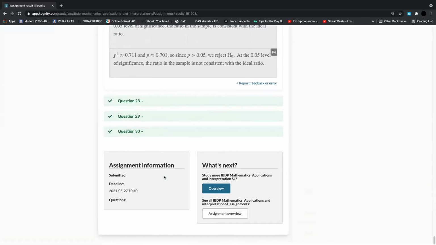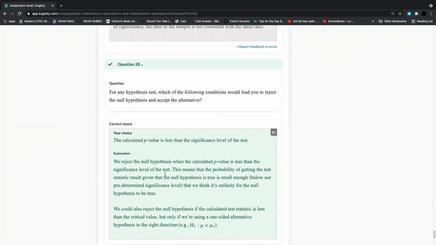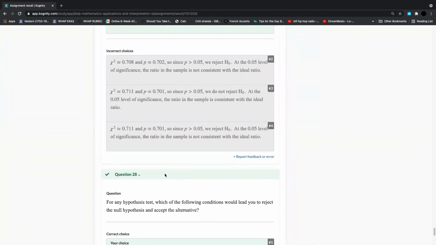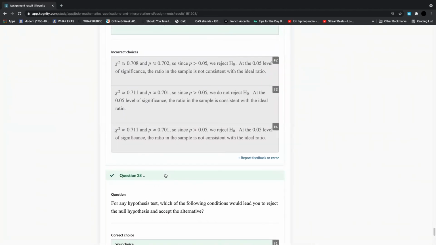Okay, question number 28. For any hypothesis test, which of the following conditions would lead you to reject the null hypothesis and accept the alternative? Okay, before we even look at the choices, we have stated before that if the p-value is less than the significance value, the relationship is significant, meaning that we would reject the null hypothesis.